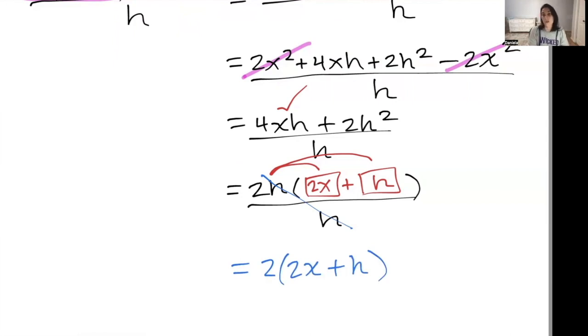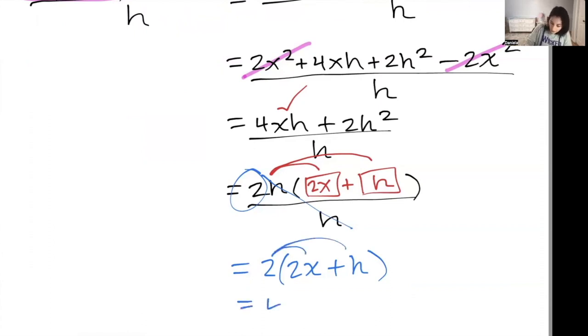Now, I kind of have a feeling that some teachers are going to say, well, you didn't really need to take out this 2 here. The important thing is you really should have just taken out the h. I would honestly say, looking back after doing this, you should really just take out the h and not the 2. And the reason why, I mean, this is correct, the reason why we don't really care about the numerical part of the GCF is because technically we're going to actually just distribute that 2 back.